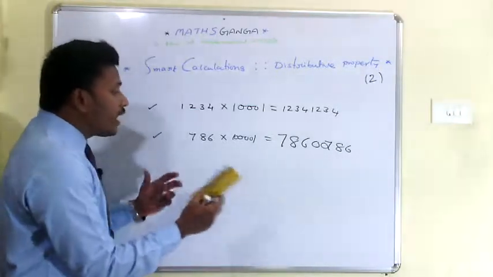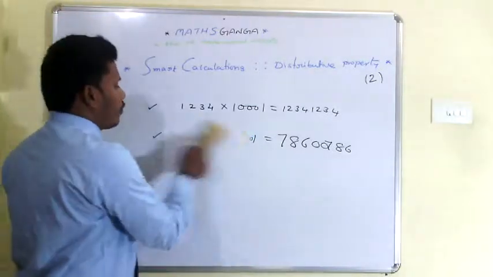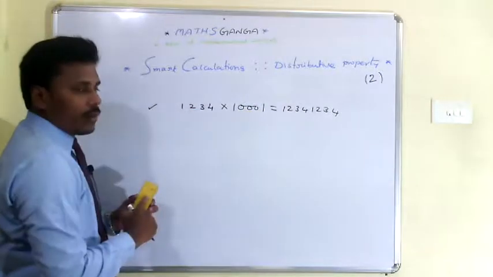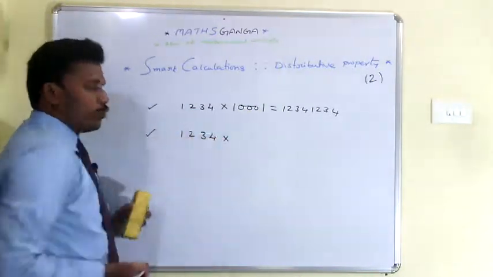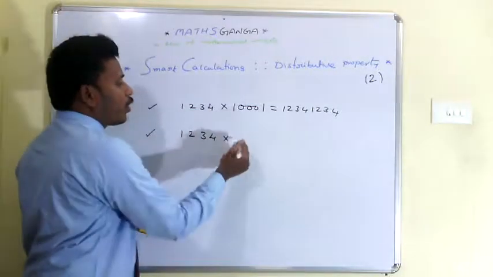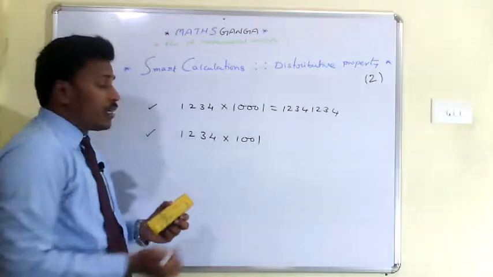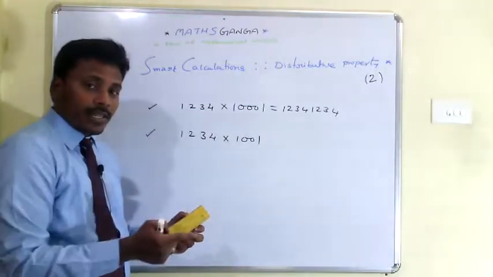Okay, suppose I decrease the number of zeros, how will the answer change? If I decrease the number of zeros, 1, 2, 3, 4 into 10,001 is this one. If I decrease one 0 and write 1001 instead of 10,001, what will happen? We need to multiply 1, 2, 3, 4 with 1000 plus 1.